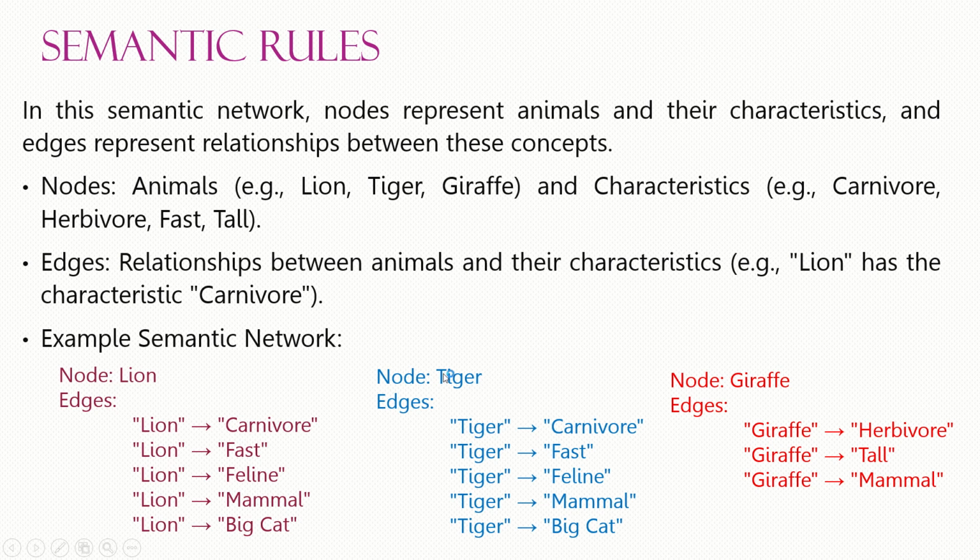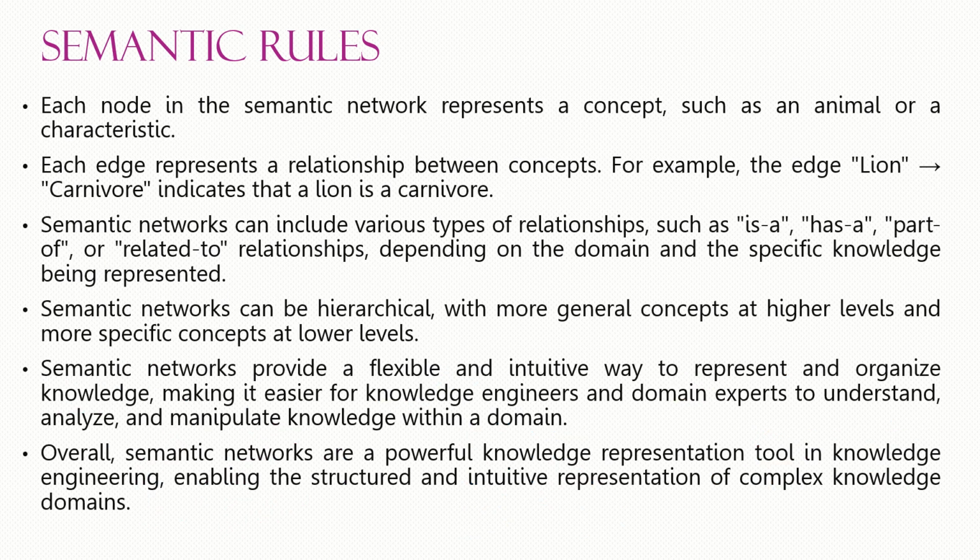If you take the tiger, the mapped characteristics are that the tiger is a carnivore, fast, feline, mammal, and a big cat. And the giraffe is a herbivore, tall, and a mammal; these are the characteristics mapped to the node giraffe.